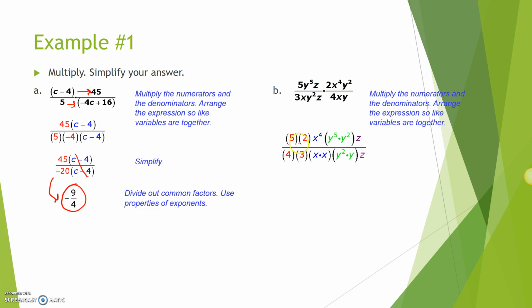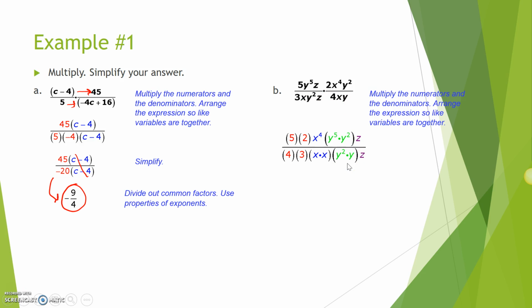Notice how they set this up: 5 times 2 times x to the 4th, y to the 5th times y squared times z. And then on the bottom, they multiply the numbers 4 times 3, then the x's, x times x, y squared times y times z.